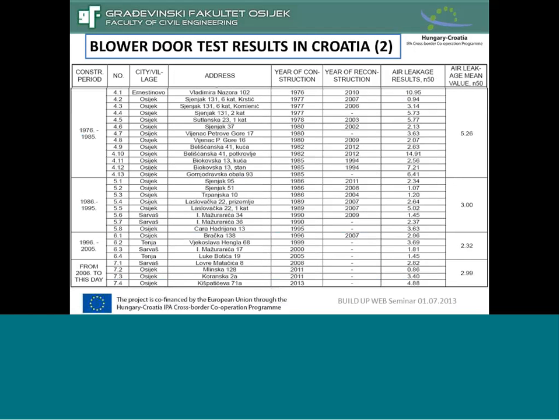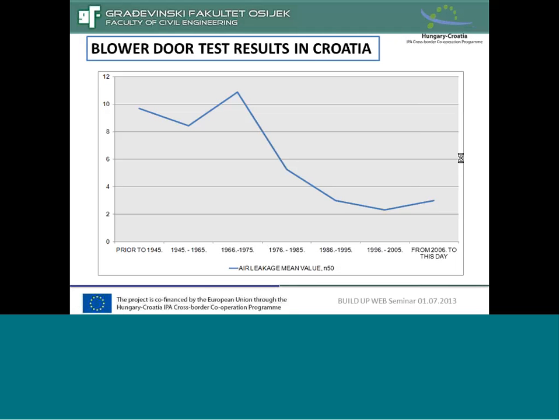The second table of the Croatian results shows the newer houses, which of course are not refurbished yet, but the older ones mostly refurbished. And here in this bar, you can see the average air change rate. And this chart shows the Croatian results.